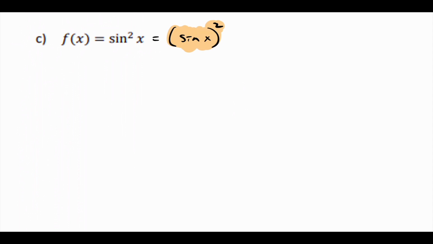If you had something squared, how would you find the derivative? Move the 2 to the front and take away a power, right? That's what we're going to do. I'm not concerned about that something on the inside. I'll do that later.